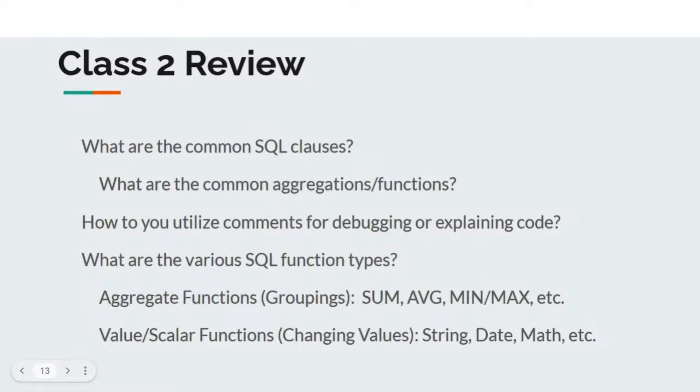You have having, which goes along with group by and filters out grouped results. You have your order by, which sorts the results, a very last step in the results you're returning. And then you have a limit that tells the database exactly how many rows you want to return.